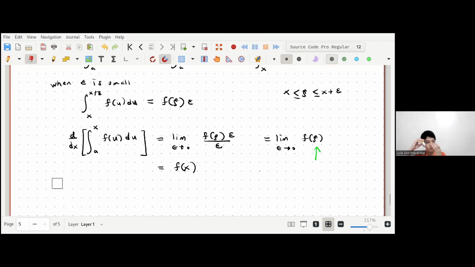Kasi hindi ko lang alam page number dyan eh. So go to section 4.7, and then we'll do 35 to 43.